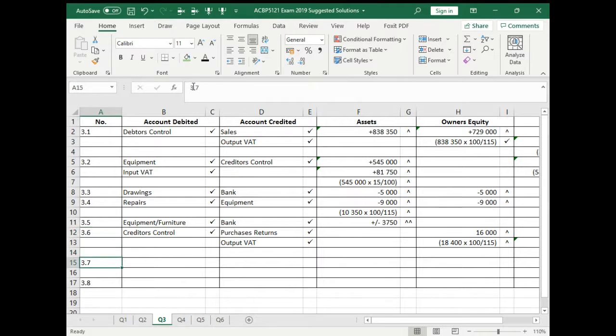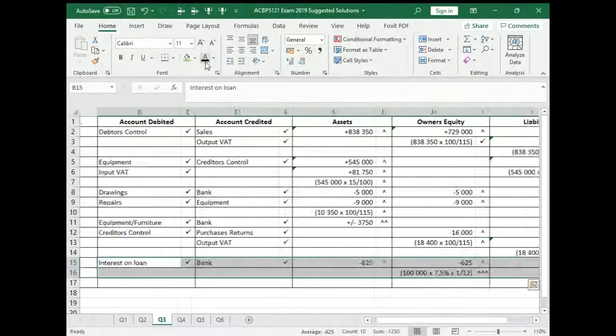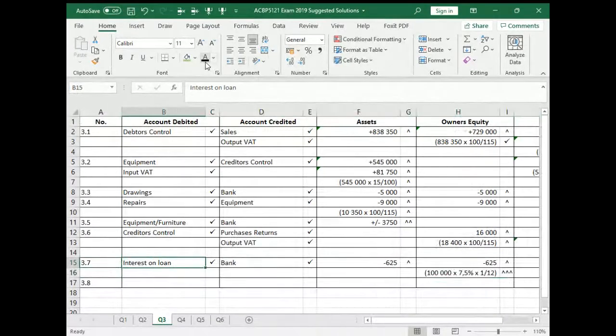Transaction 3.7, we said we paid over the interest amount. So you had to calculate the interest for that specific month and deduct it from our bank account. So let's start with interest on loan. Now, if you did interest on loan or interest expense, we would have given it to you. Credit the bank account, so the amount of money we're going to pay. But now we have to calculate the interest. So you take the balance outstanding, which is the 100,000 per the question.